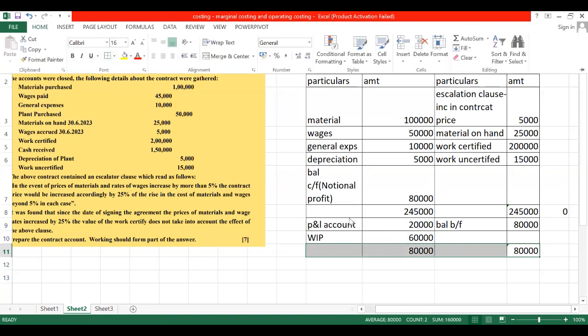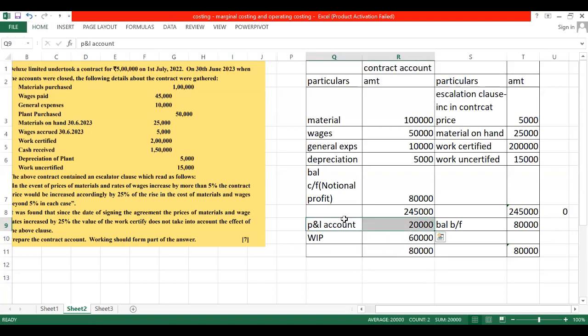So P&L account, how we calculated? We have just applied the formula. Formula for calculating the amount that will be transferred to P&L account, which is 1/3 of the notional profit in proportion of cash received by work certified, which is 1.5 lakh by 2 lakh.